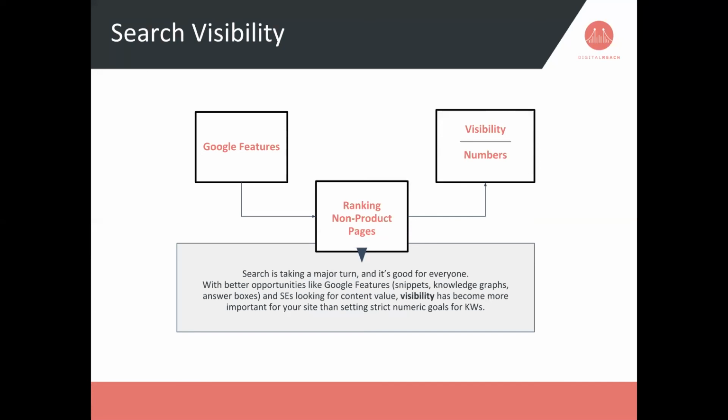Your goal is to refresh or make new pages that will compete and grab a Google featured spot, and list out the 3 to 5 keywords and their Google features that you're trying to target and get to work. It's just going to be so much more important than those numbers. That visibility is really what you want to have over numerics.